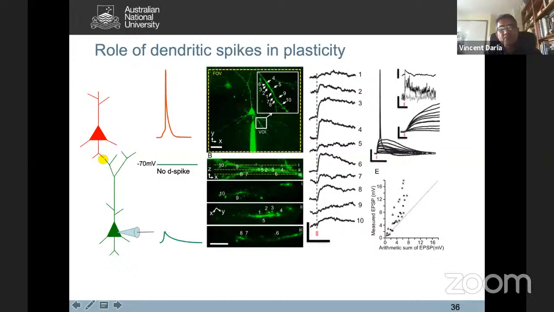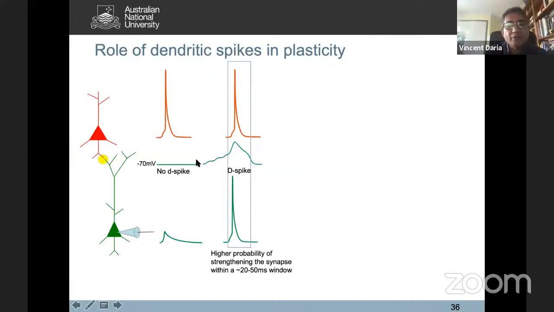So in principle, the theory of Bi and Poo is that if you're looking only at two neurons driving this neuron, it will be really difficult for this neuron to fire an action potential if there's nothing going on within this neuron. So what if there is a dendritic spike that occurs here simultaneously during a spike?